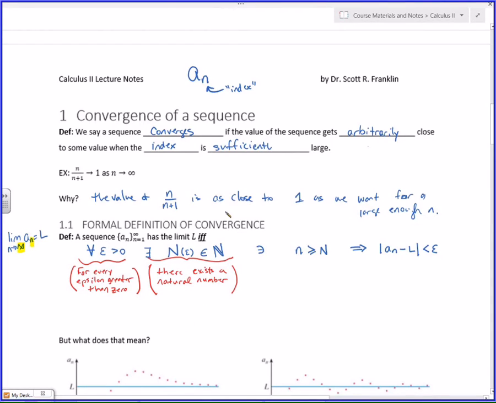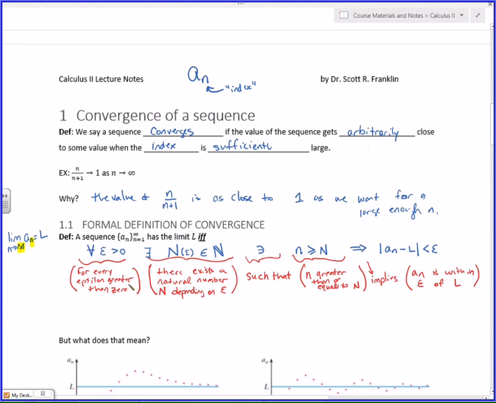The actual number N, depending on epsilon, such that n greater than or equal to capital N, that's this piece right there, implies that A sub n is within epsilon of L.